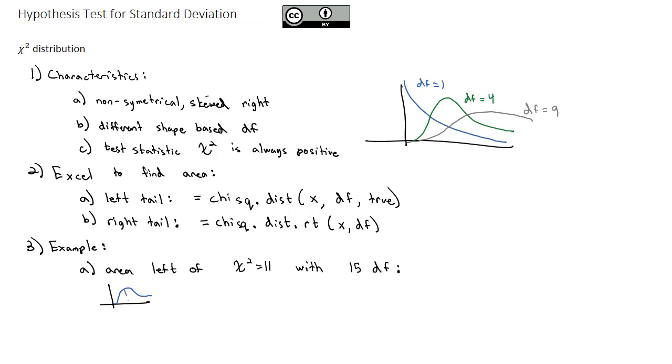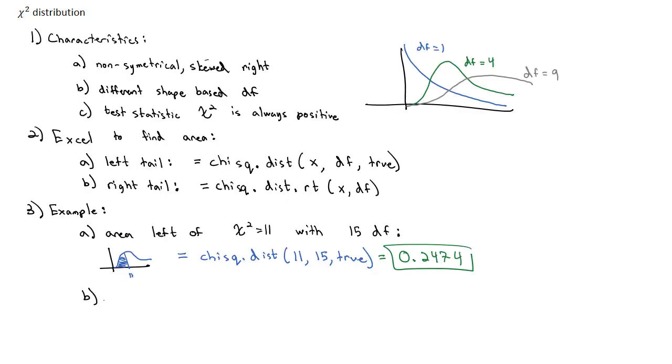We want the area left of x equals 11 in that left tail. So we can say equals CHISQ.DIST, open a parentheses, the value we care about of 11, the 15 degrees of freedom, and TRUE. And when I do that, I'll end up with an area of 0.2474.